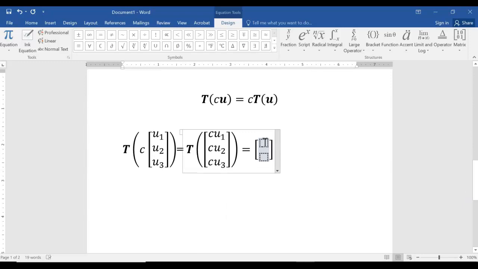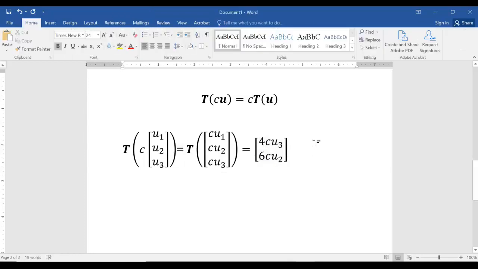So 4 times the third entry is that. 6 times the second entry is that. And that's what we end up with.